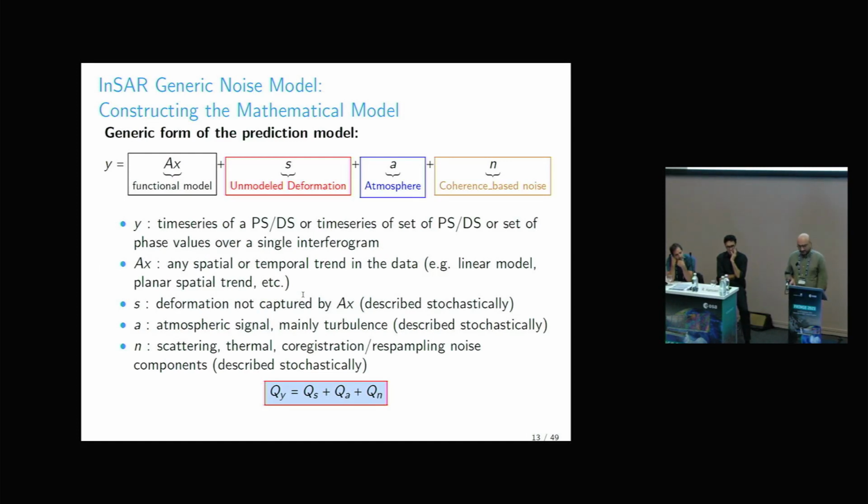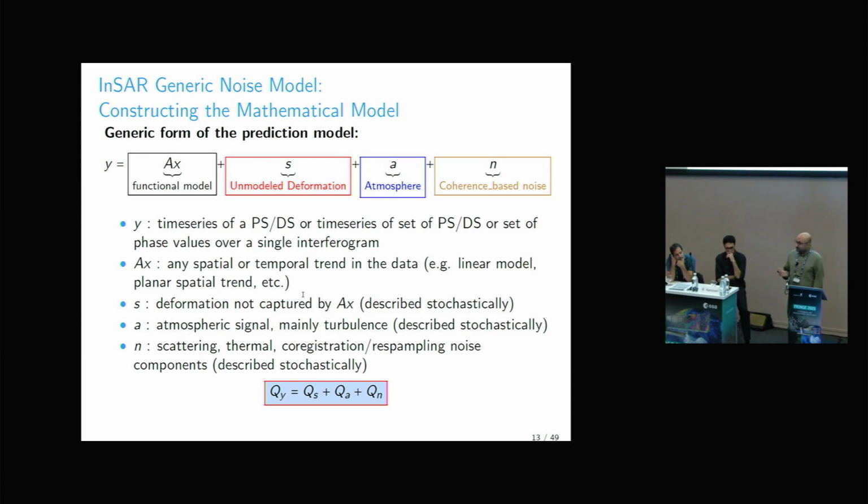Generic functional, the mathematical model that we have: the Y vector is not necessarily a time series. It can be a time series, a set of points in different interferograms, or a spatiotemporal data set. In generic form, RX is our functional model, any trend or anything that we estimate from data, like velocity or spatial trends.